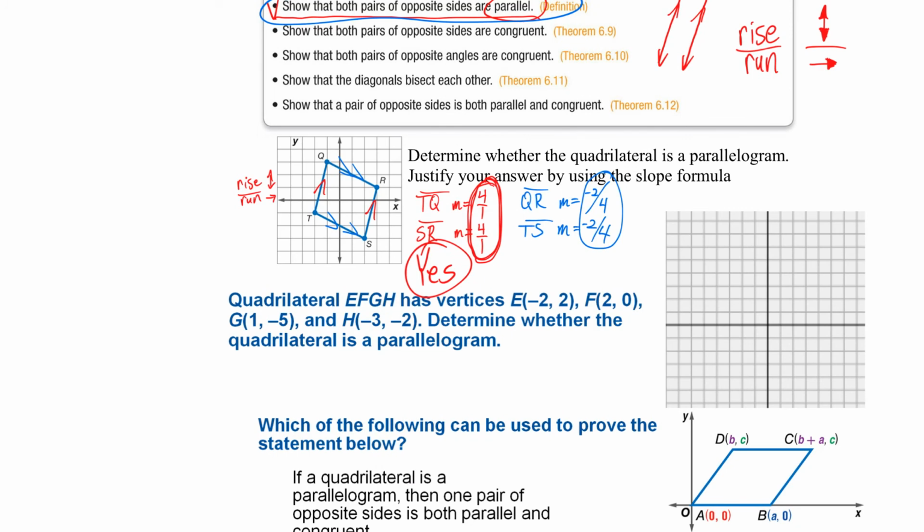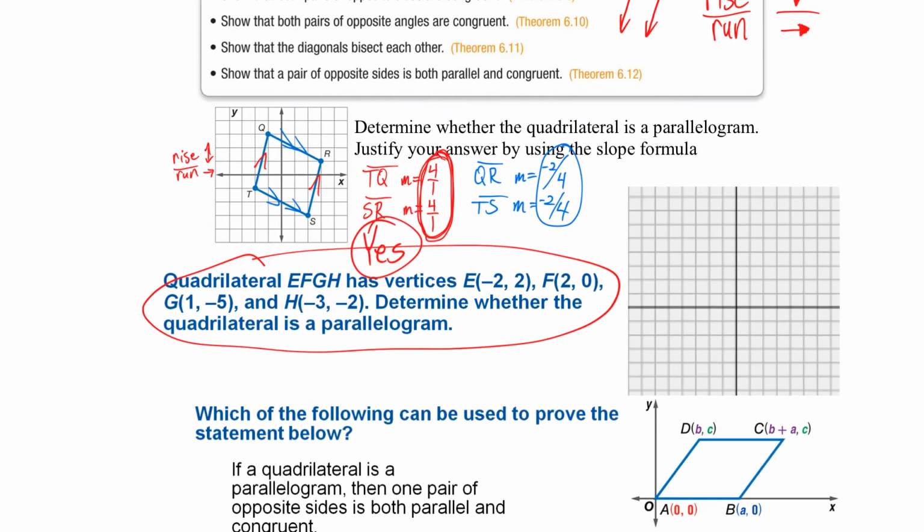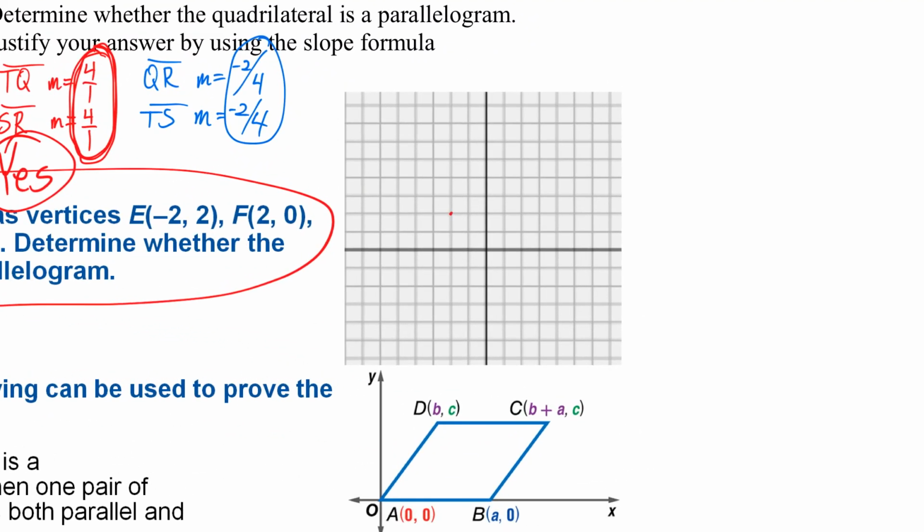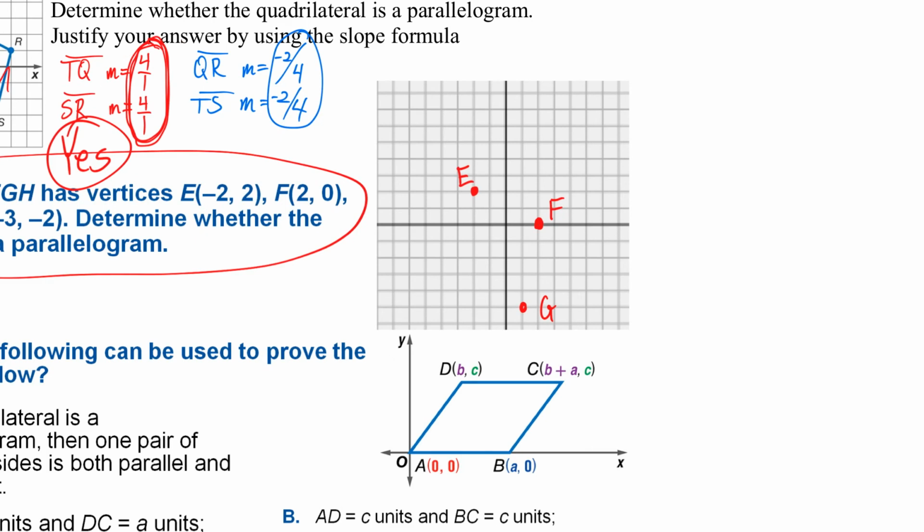All right, next, I want you to plot those 4 points, E, F, G, and H. Oh man, how are we doing this? So -2, 2 is E, 2, 0 is F, 1, -5 is G, and H is -1, 2, 3, 1, 2.